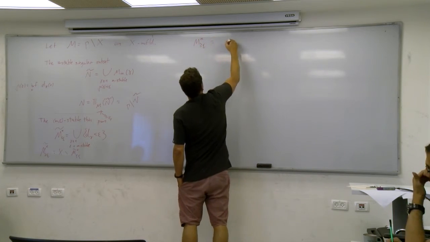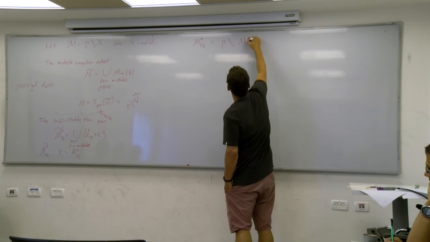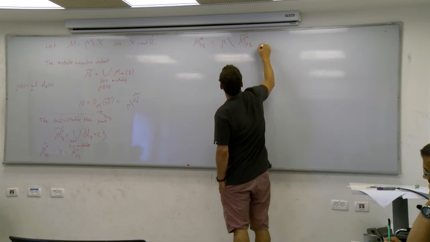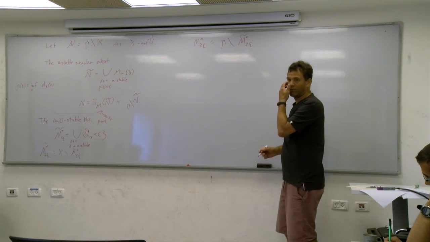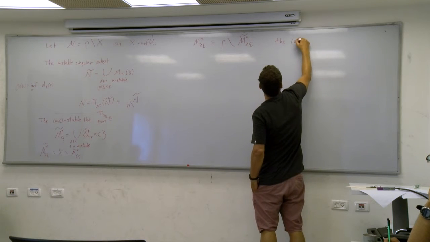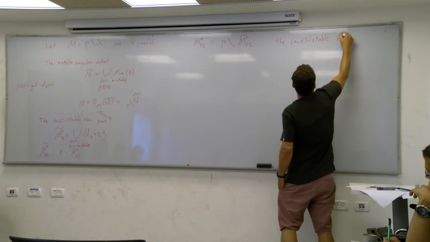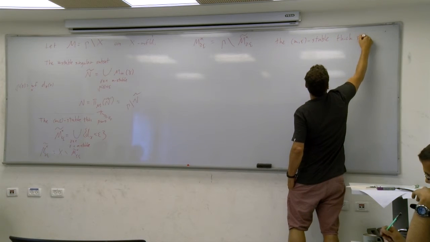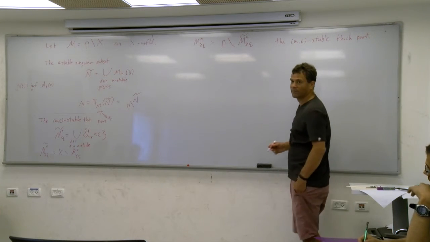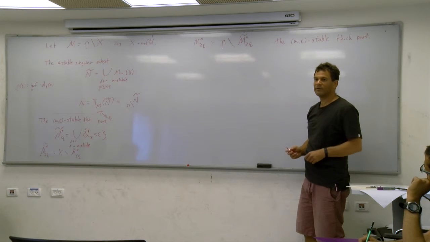This will be just the quotient by gamma. That's the stable thick part, M epsilon. Any problem here? No. Okay.